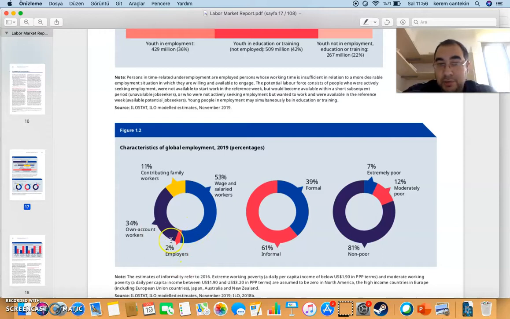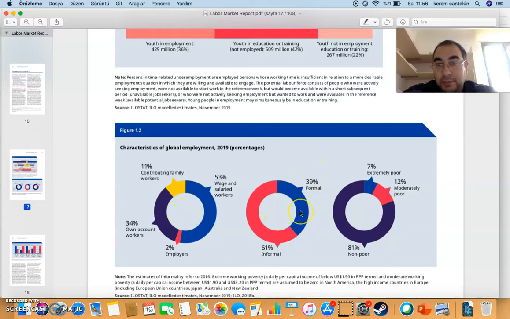We only have 2% of people as employers. They are employing actual people. So those are the freelance people. Sometimes they are called semi-capitalists, but if you don't have anyone working for you, in some way you might say you are at least not an employee in that case.